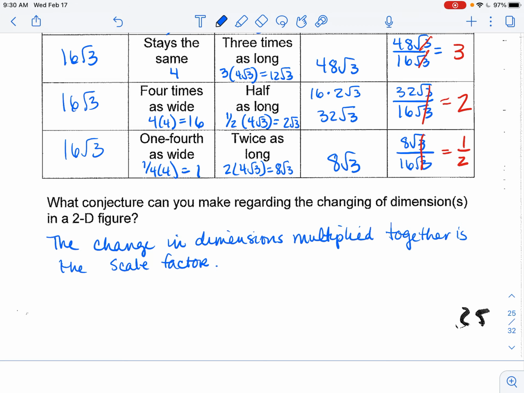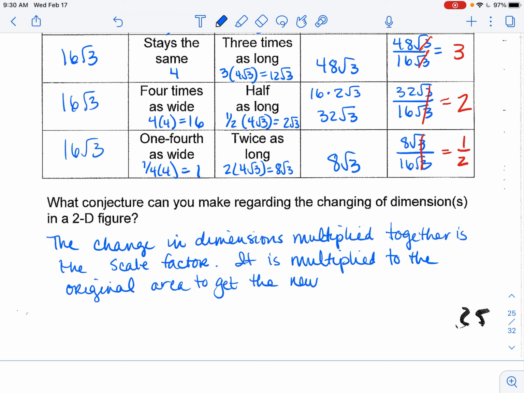It is multiplied to the original area to get the new area. So the new area is equal to the scale factor times the original area.